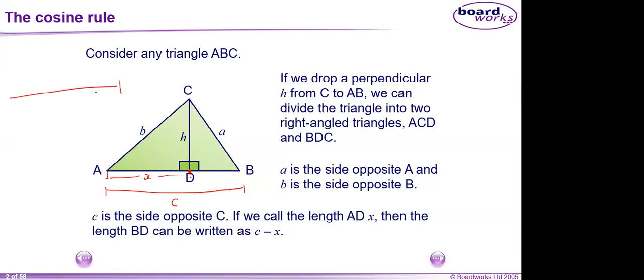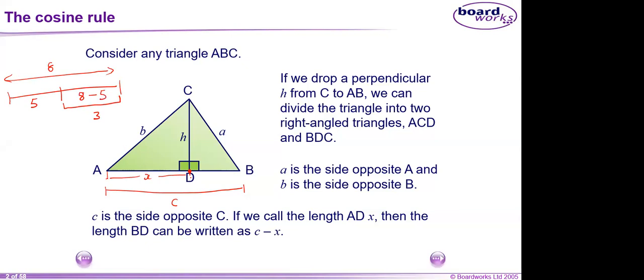Imagine I can use this. From here up to here, there is 8. If from here up to here there is 5, what will be the distance from here up to here? 3. How are you getting 3? 8 minus 5.